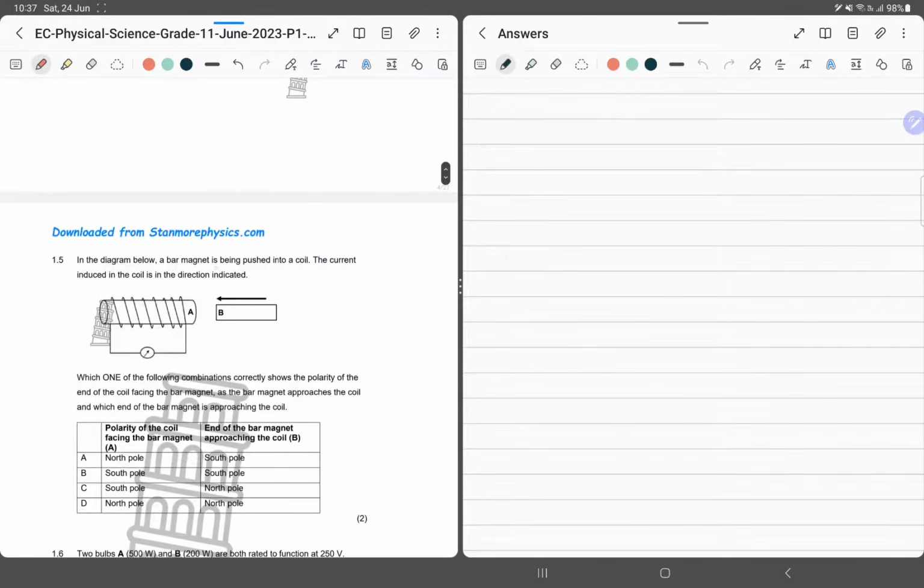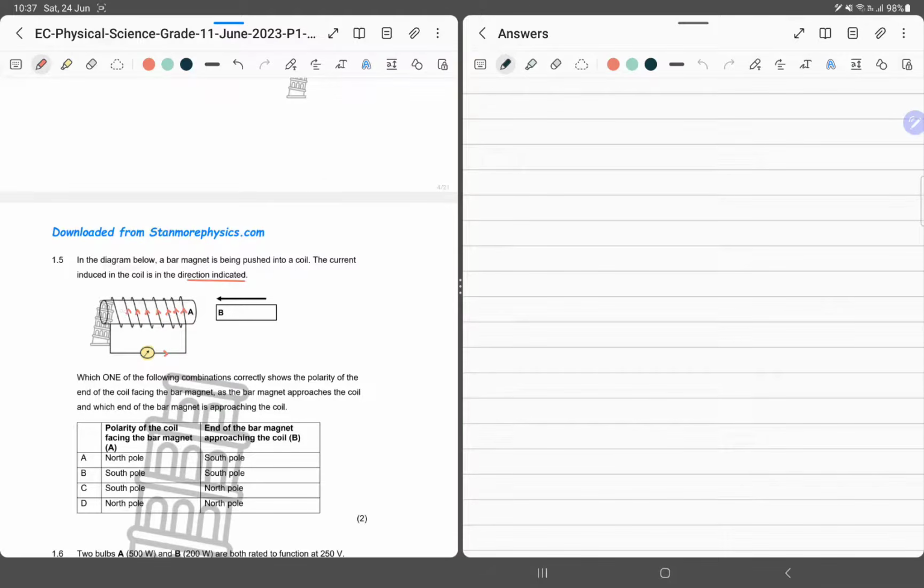Now in the diagram below, a bar magnet is being pushed into a coil. The current induced in the coil is in the direction indicated. We can see that the galvanometer, or any current detector, will give a deflection in which the current is passing. Obviously, if it goes to the right, it means the current is going to the right. As we follow this current, it's going to be climbing on this segment of our coil, or solenoid, if you will.